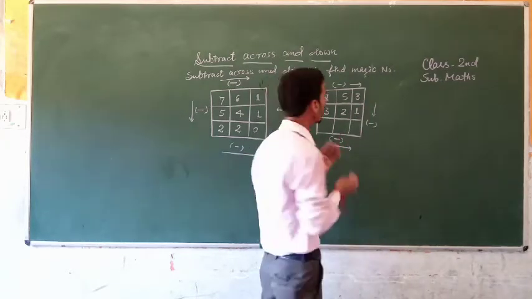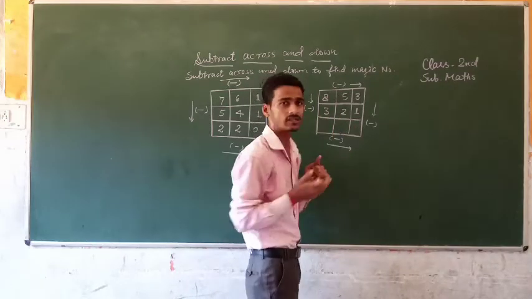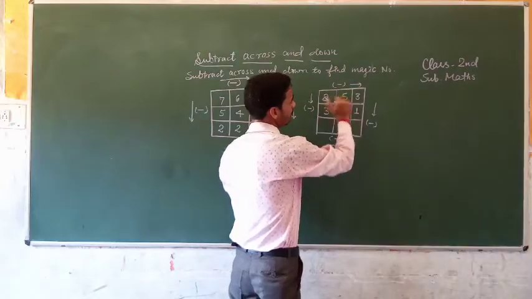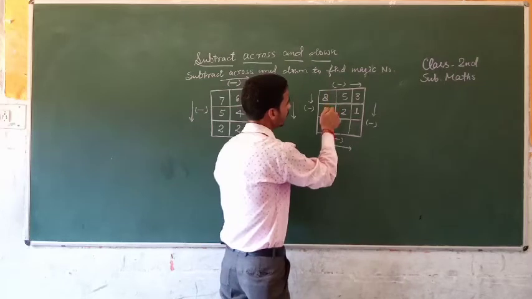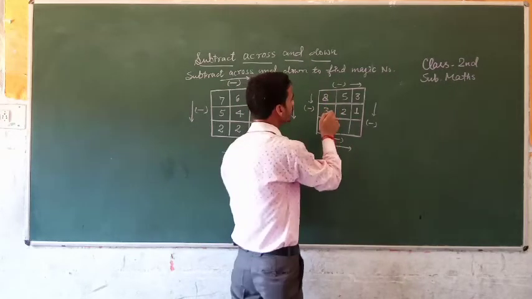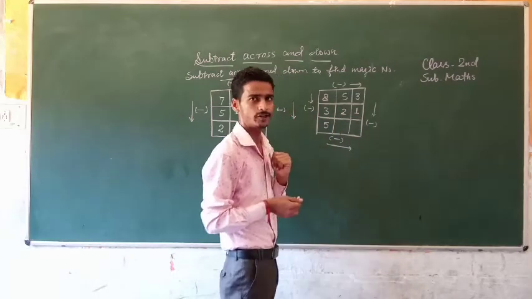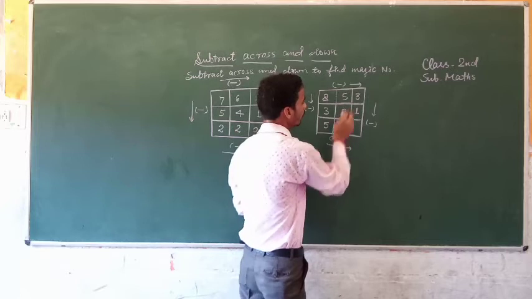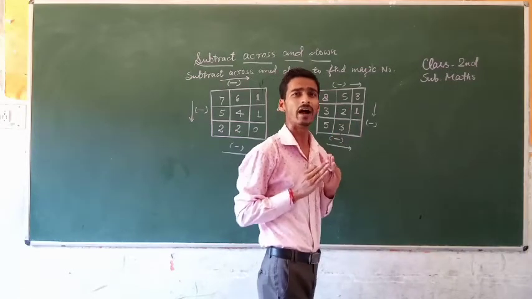Now we have subtracted across, but now we have to subtract down. There is 3 and there is 8. When we subtract 3 from 8, there will be 5. And here we will subtract 2 from 5. There will be 3.